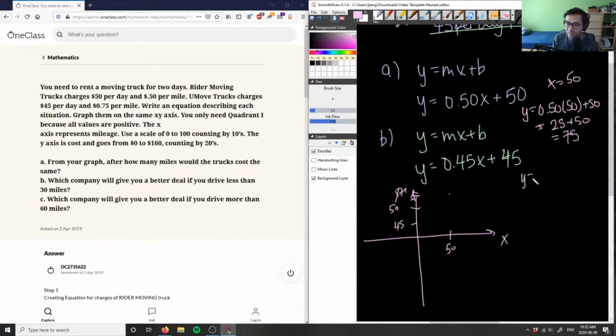And then for the second one, I'm going to have y equals 0.75 times 50 plus 45. Oh, sorry, I wrote 45 instead of 0.75. Let me change that. It says 75 cents here.